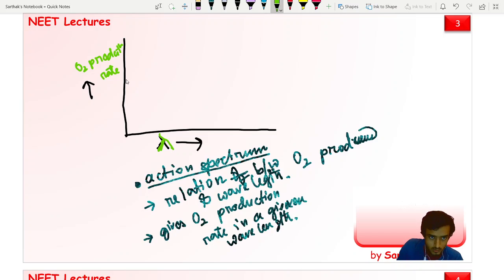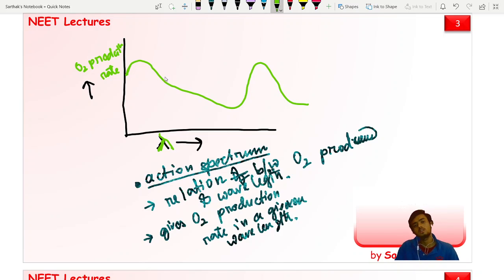Okay, so what we have obtained, the curve is like this, and this is how the action spectrum looks.